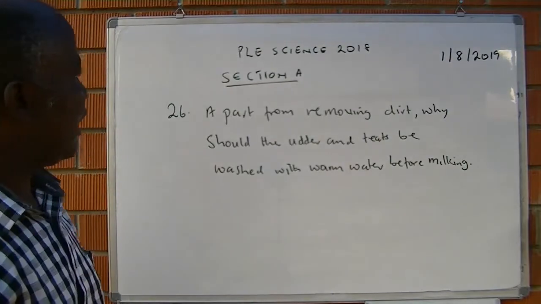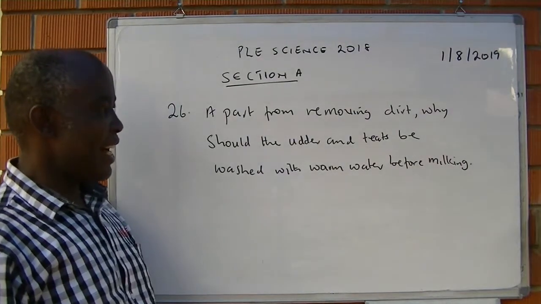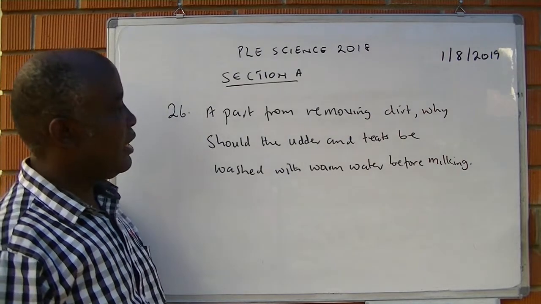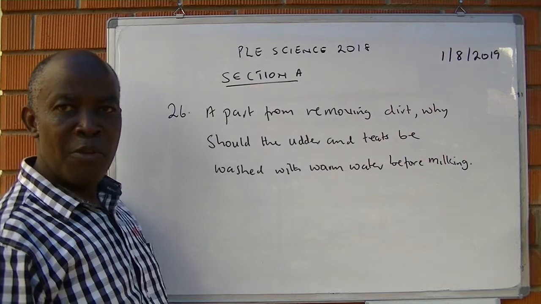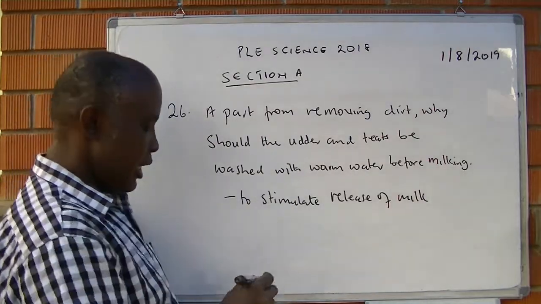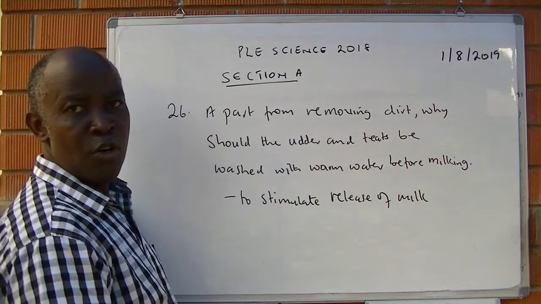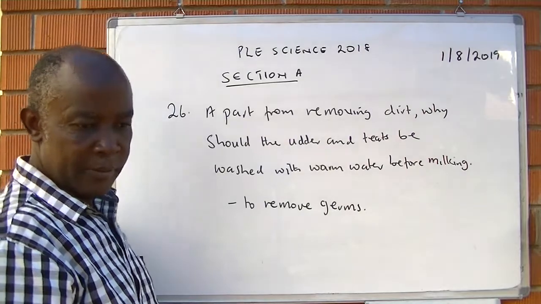Number 26, apart from removing dirt, why should the udder and teats be washed with warm water before milking? To stimulate the release of milk, to remove germs.